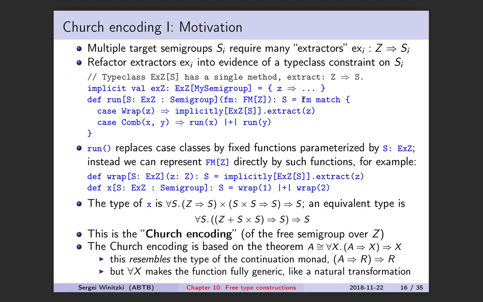So another refactoring that will follow from this is found if we look at the structure of this run function. So what does it do? It translates the free semigroup value into a value of the specific semigroup S by pattern matching on the case classes from the free semigroup. And the free semigroup has two case classes, the wrap and the combine case class.